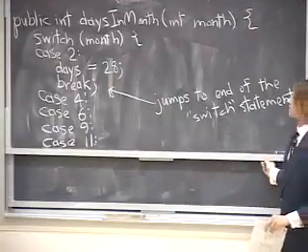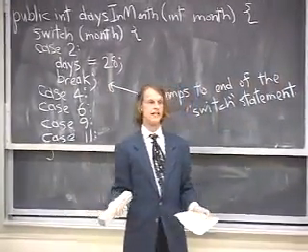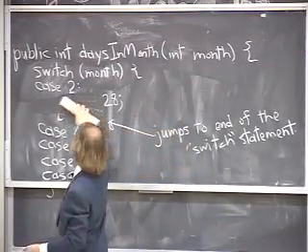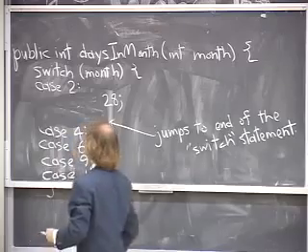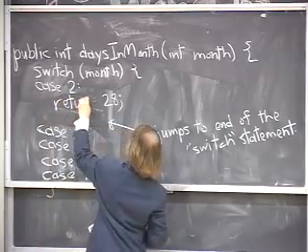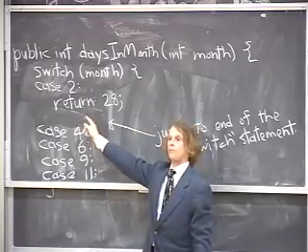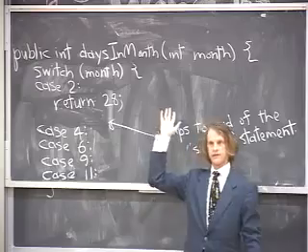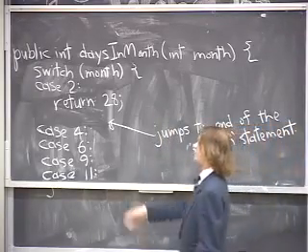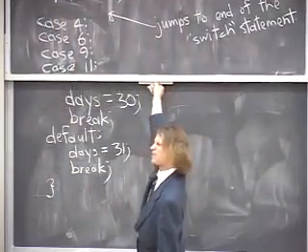So what I'm going to do now is, instead of assigning the number of days in the month to a variable called days, I'm just going to return it. So if it's February, I just return 28. I don't even need a break statement anymore because the return statement stops execution right there and the rest of the switch statement will not happen. But I could include a break statement if I want. It doesn't hurt. Probably doesn't hurt.